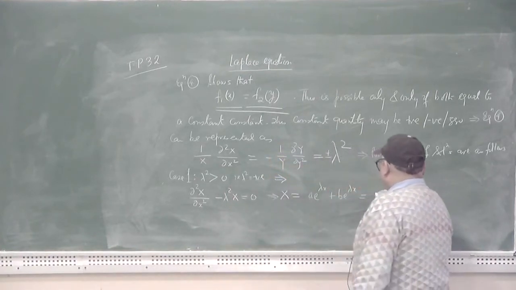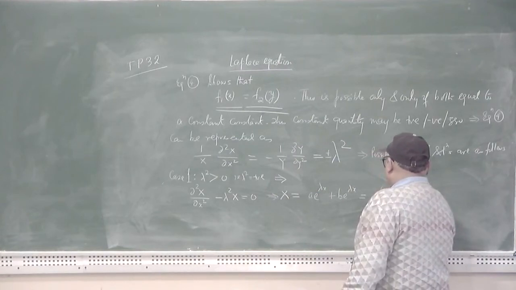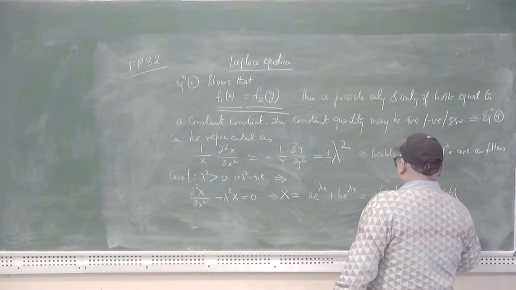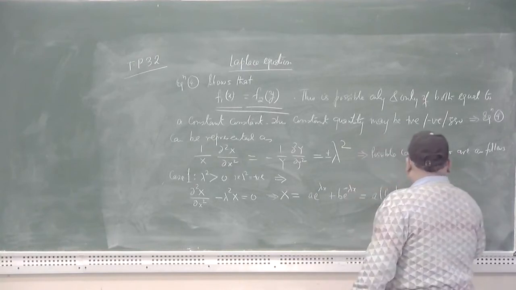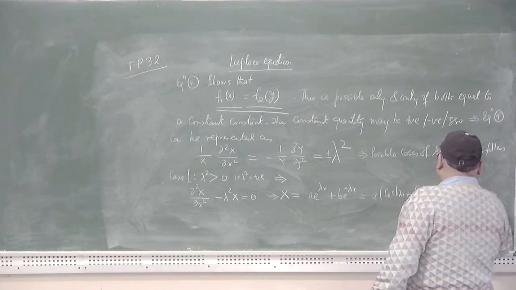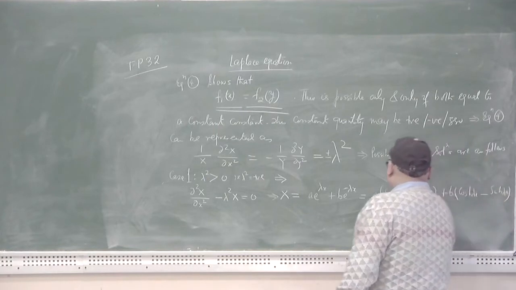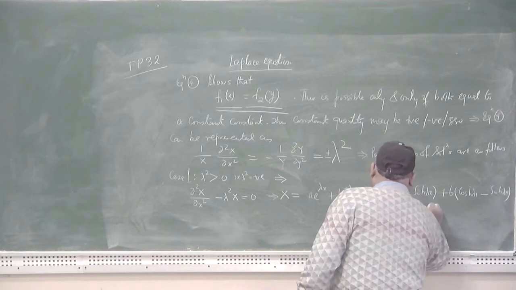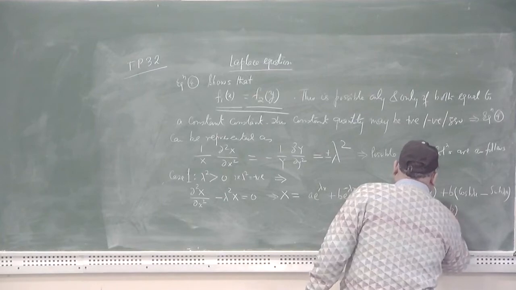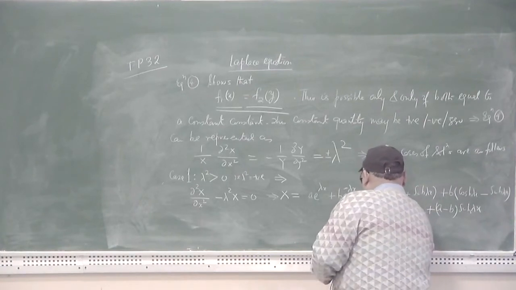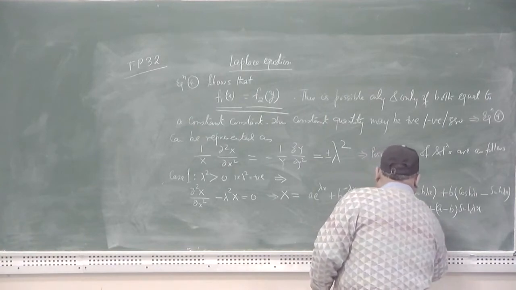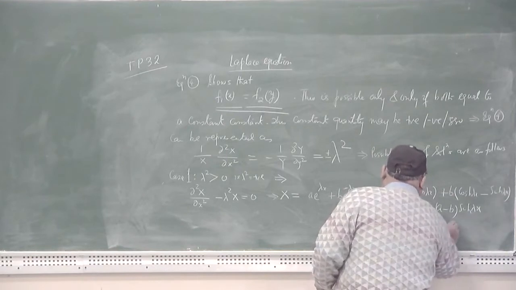We have gone through this type of solution in the case of fins also. Expanding, this is a cosh lambda x plus sinh lambda x plus b cosh lambda x minus sinh lambda x, which is (a plus b) cosh lambda x plus (a minus b) sinh lambda x, that is equal to A cosh lambda x plus B sinh lambda x.